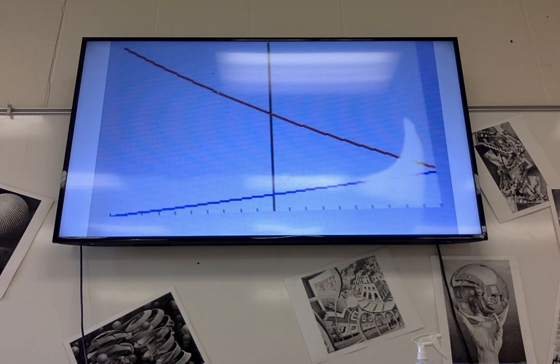There you go. Now it's going back to my first one. You okay with that? All right. So now can you see where they're crossing? Yeah. Okay.